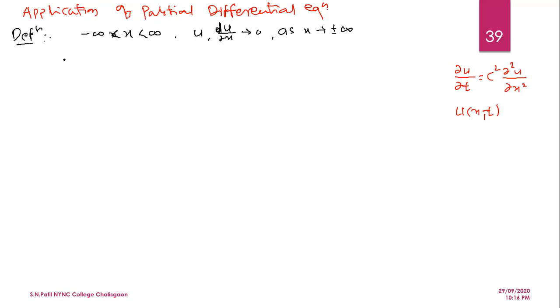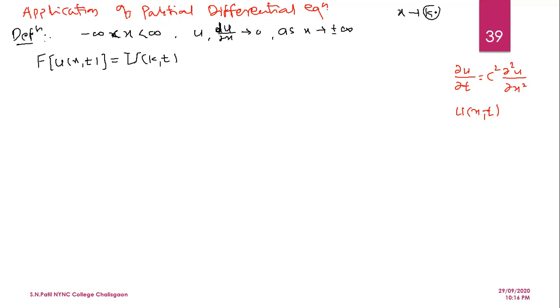Okay. So first of all we define the Fourier transform formula. The Fourier transform of u, where u is a function of x and t, is denoted by capital U. In most books it is denoted by u bar. So here capital U is a function of k and t, that is, x is mapped to k.